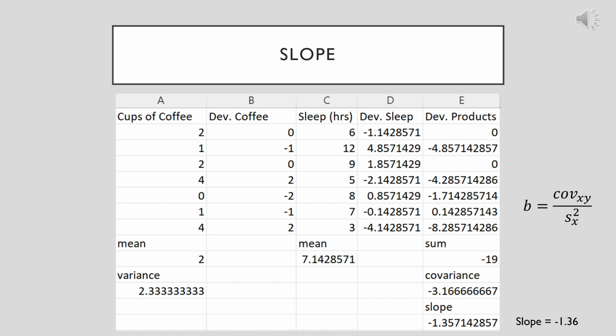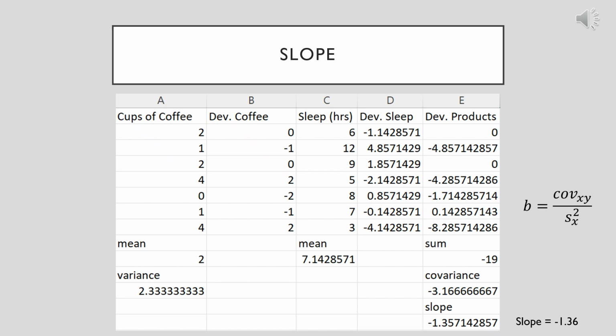And isn't that interesting? We had thought that this probably would be a negative relationship, where the more cups of coffee you drink, the less sleep you probably get, right? And the interpretation of this slope, follow me here, this is important to know because you'll definitely be tested on it. For every 1 unit increase in your x variable, this is how the y variable changes.